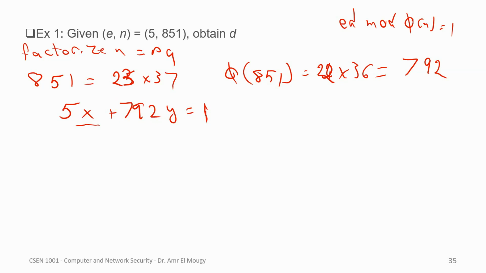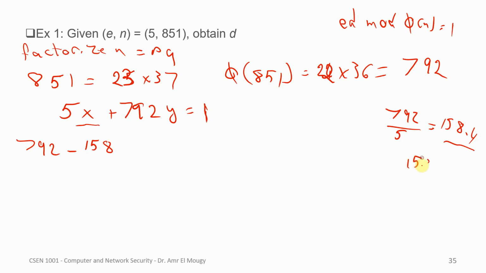How do we do that? First of all, we divide 792 over 5. 792 over 5 will give you 158.4. Just take the floor of this number, 158, multiplied by 5.